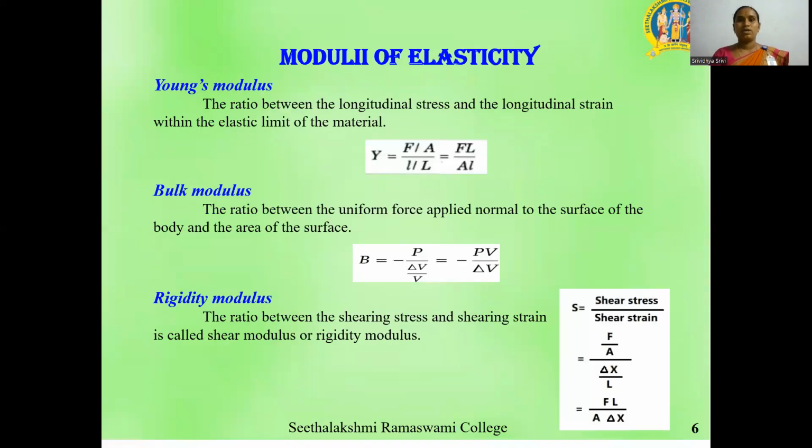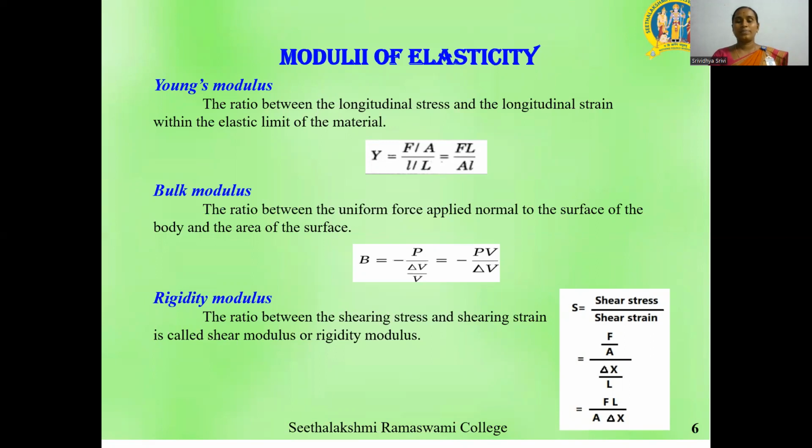Moduli of elasticity. There are three different types: Young's modulus, bulk modulus, and rigidity modulus. Young's modulus: the ratio between the longitudinal stress and the longitudinal strain within the elastic limit of the material. It is denoted by capital Y, equal to FL divided by A del L. Bulk modulus: the ratio between the uniform force applied normal to the surface of the body and the area of the surface.